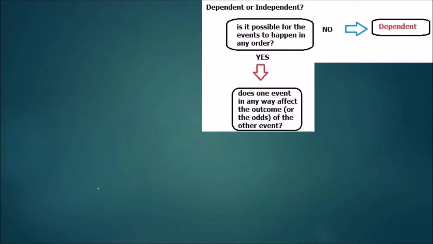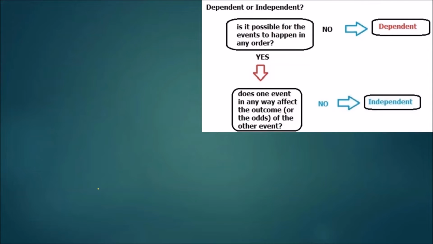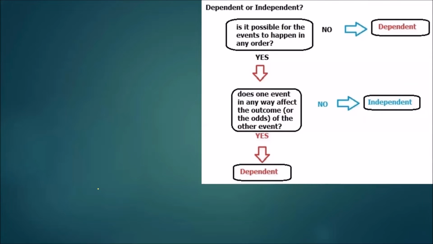Now, if your answer is yes, then you have to ask yourself, does one event in any way affect the outcome or the odds of the other event? If your answer is no, then these events are independent. Otherwise, they are dependent events.